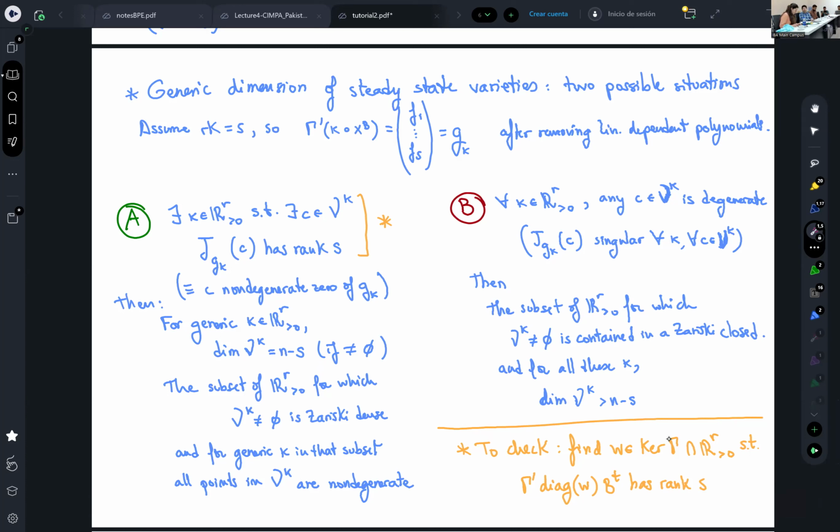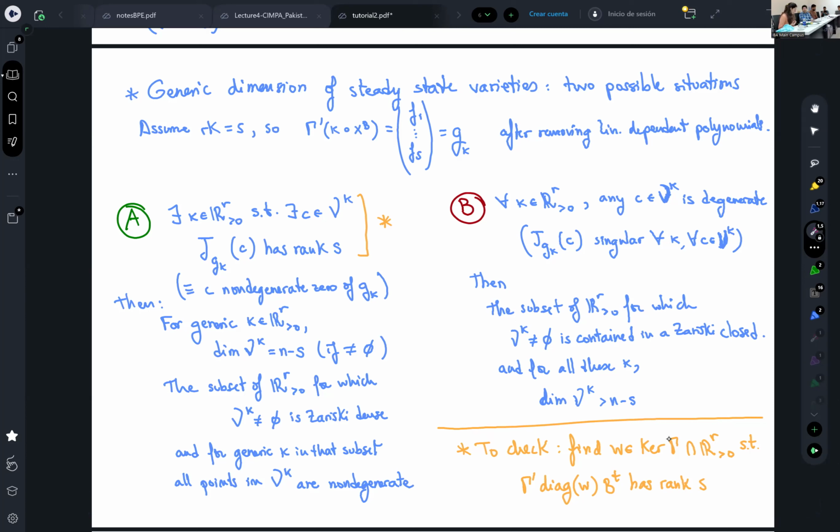If this happens, additionally, it means that the subset of K's for which this is non-empty is Zariski dense in R to the R. So I have sufficiently many values of K such that if I am making a mistake when estimating my K's, I can be sure that the behavior does not change.